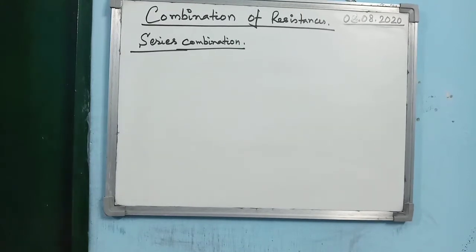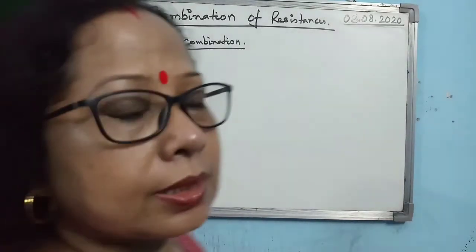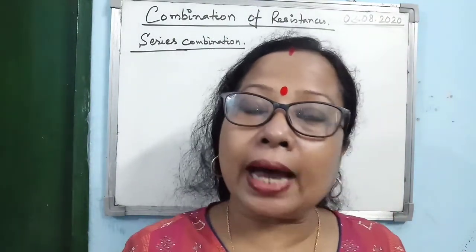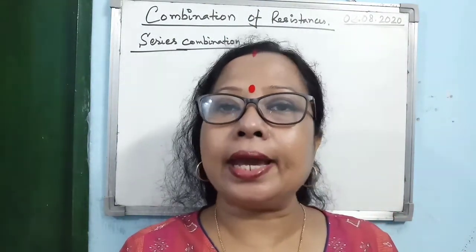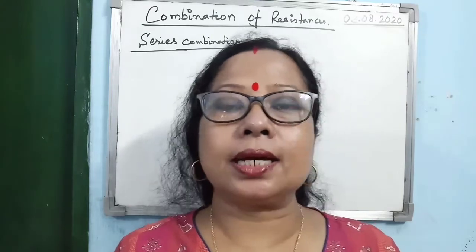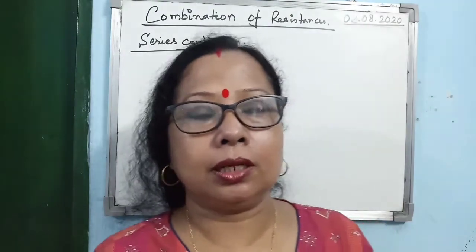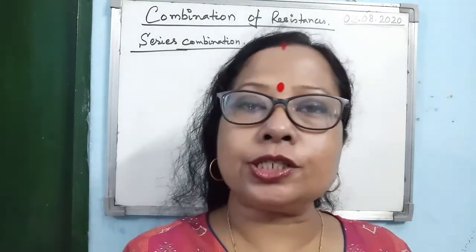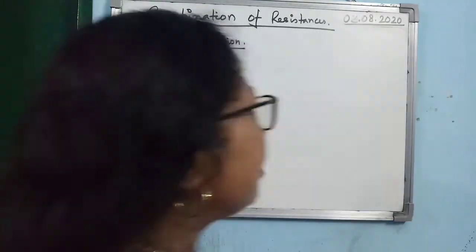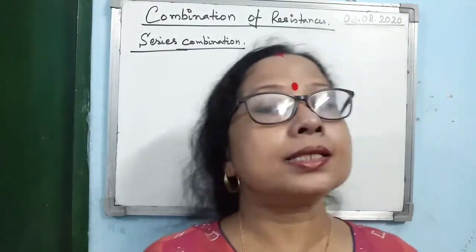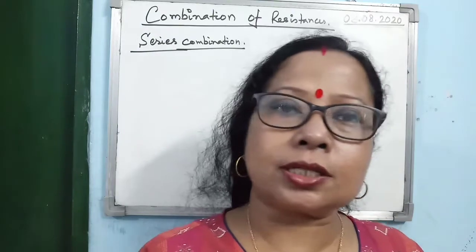Now the next topic is combination of resistances. Now you know that in an electrical circuit we can combine any devices in two ways. One is the series combination, another is the parallel combination. So what is series combination? If you consider any device, you will see all the devices have two hands just like you.